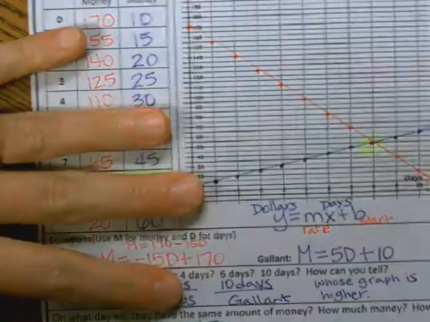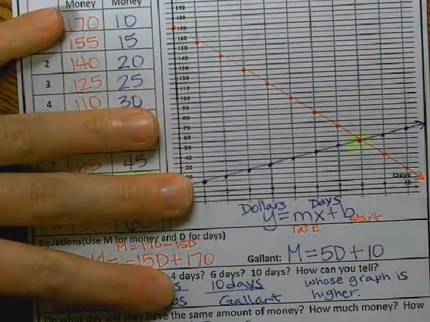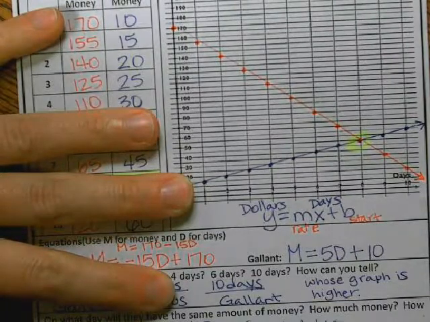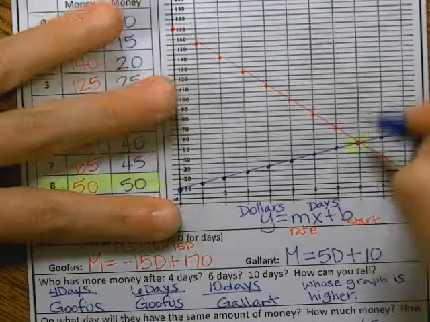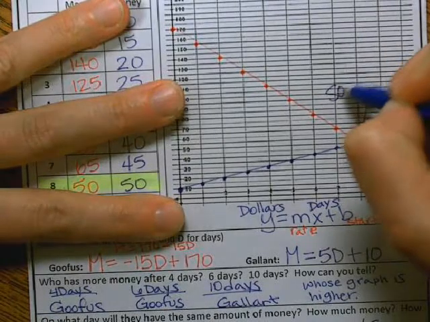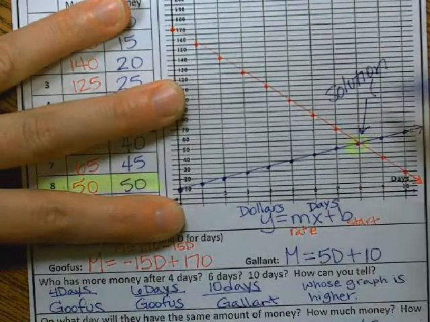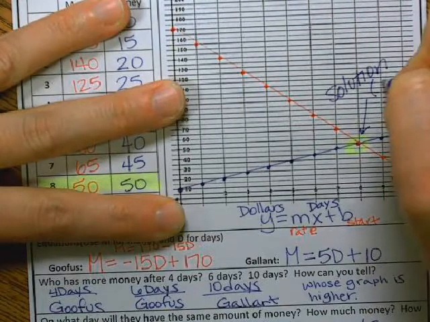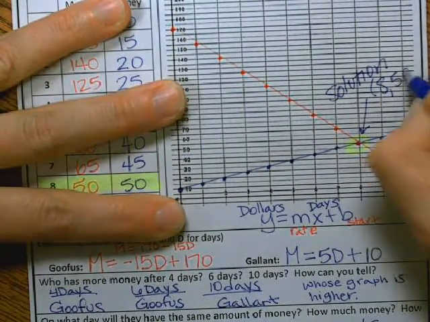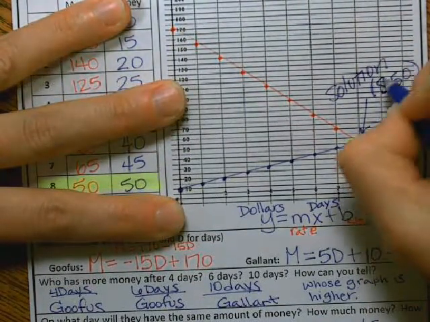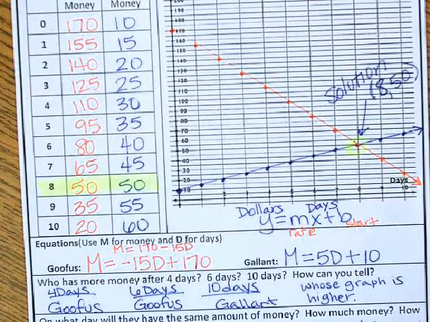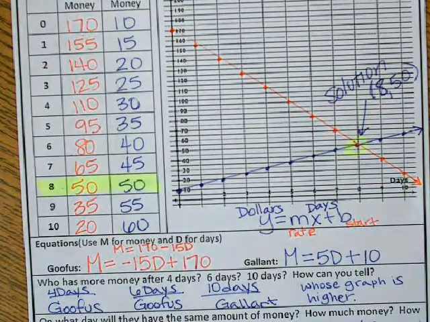You can say that too. And remember, we call this the solution to the graph. So this solution is going to be day 8, $50. So now we have an ordered pair as our solution. Okay?